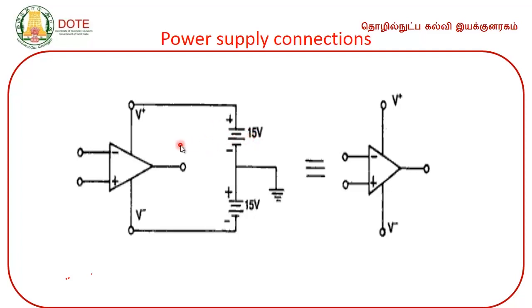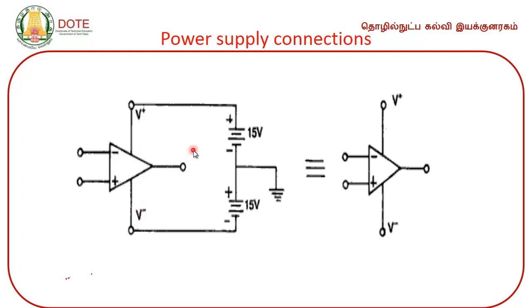So you need to connect 2 power supplies to the operational amplifier, as we already saw. One is plus voltage V plus, another one is minus voltage V minus, right. Also we learnt the pin number 7 is for connecting the positive voltage V plus, pin number 4 is for connecting the minus voltage V minus, right.